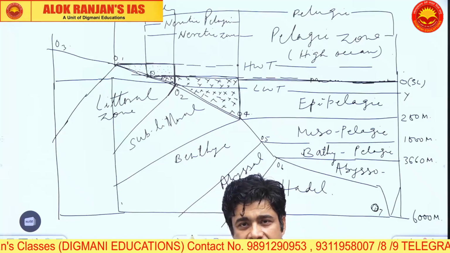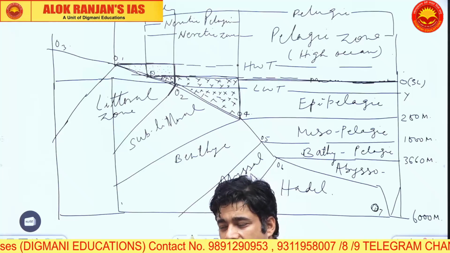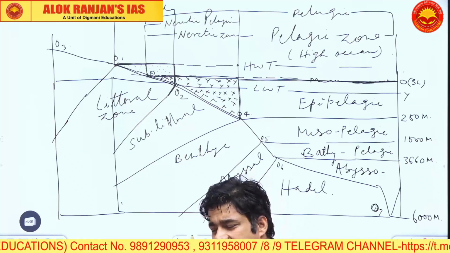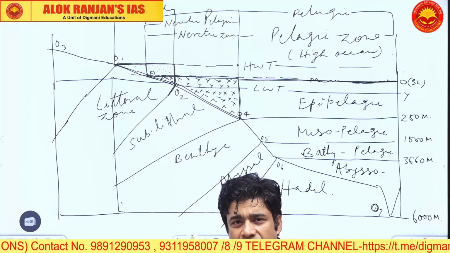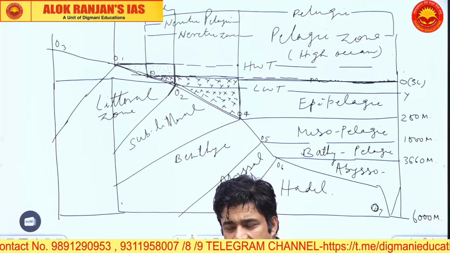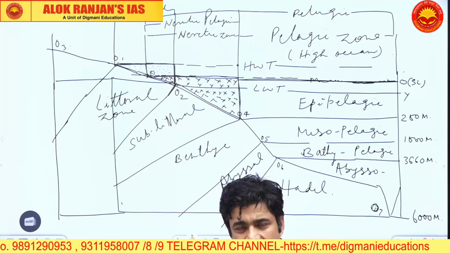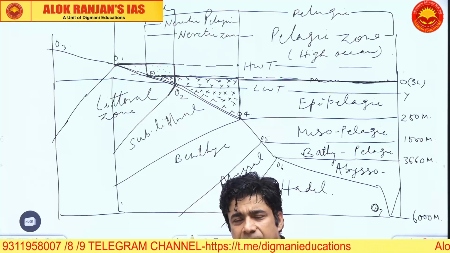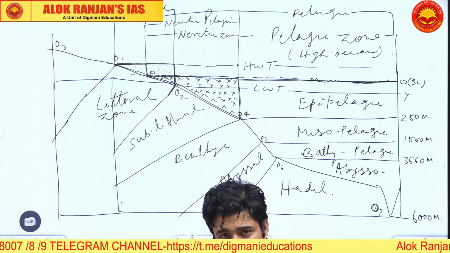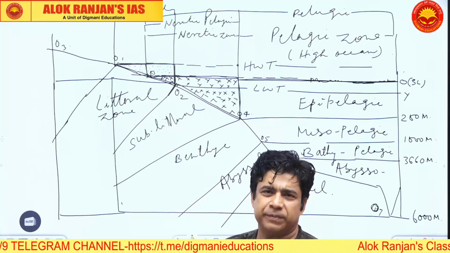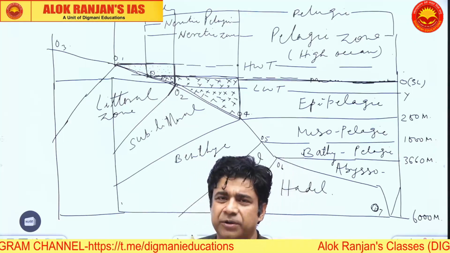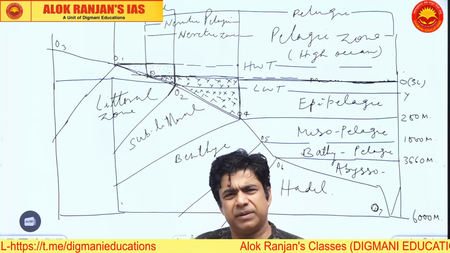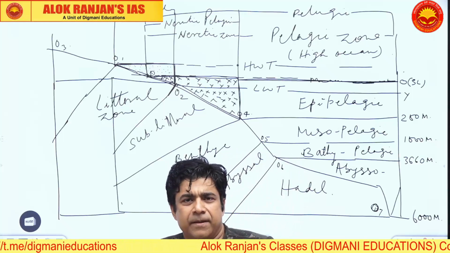Life is nearly absent. Now in biological desert, the concept is not the absence of a species, but fewer species. Biological deserts will have not the absence of a species, but fewer species, or one or two dominant species are found. Otherwise, biodiversity is very low, negligible diversity.